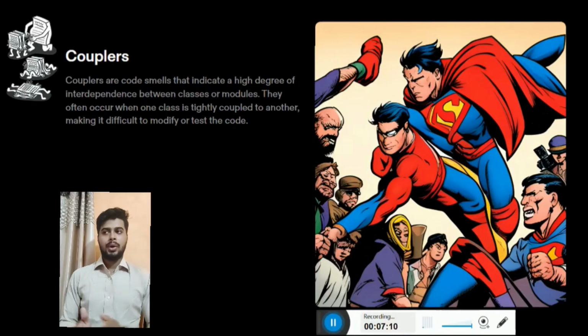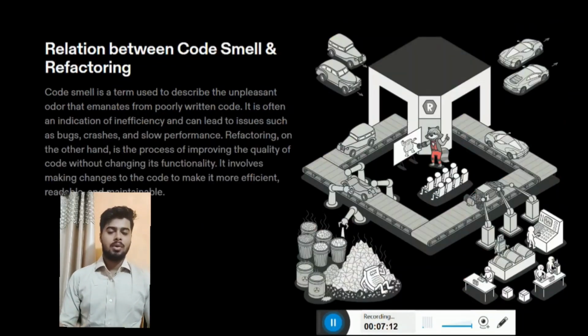So far we have talked about some of the code smells and various types of code smell. Now we are going to discuss code smell and refactoring, and the relationship between them. Code smell is a term used to describe the unpleasant odor that emanates from poorly written code.